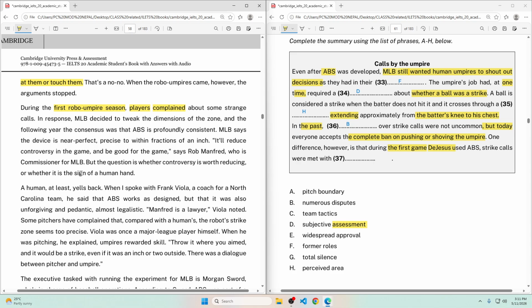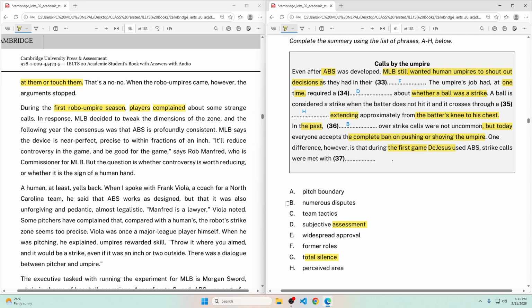We don't have anything that is comparable with complaints. Proposal, disputes, numerous disputes, boundary, rules, silence. Met with, it could be total silence because no other option is going to make sense.